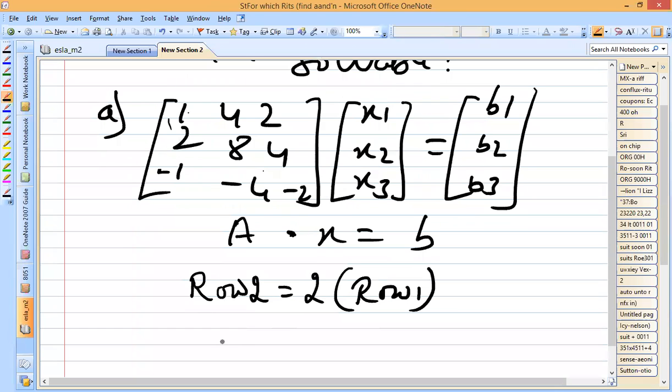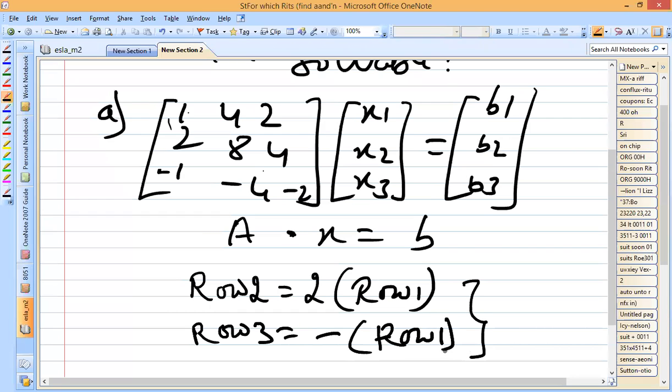Row 3 is equal to minus of row 1, right? So having these conditions, whatever the right hand side we have should also have the same relations between the rows as that of the LHS.